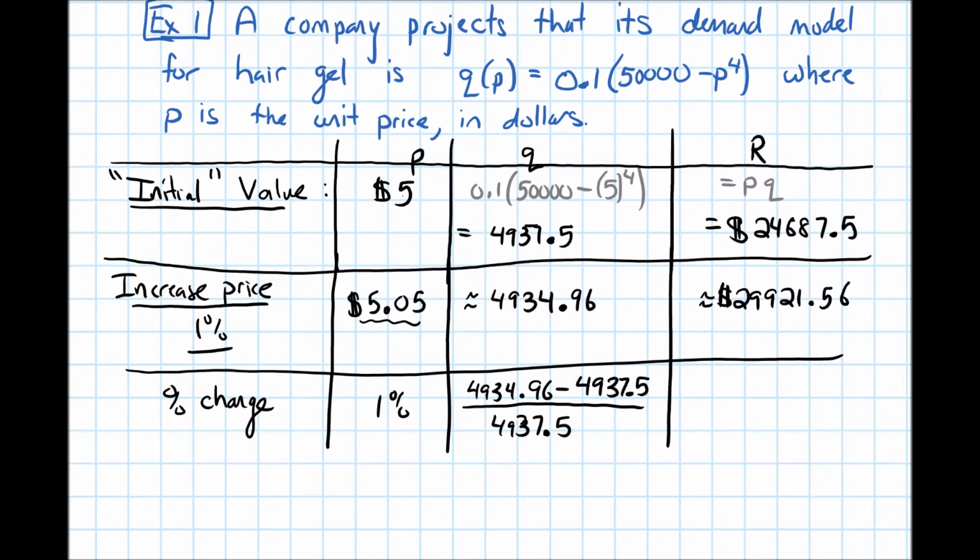And if we work this out with the calculator and we convert it to a percentage, it ends up being approximately negative 0.05% if I round it to 2 decimal places. Okay, so that's a pretty small amount. So even though the price went up by 1%, the demand dropped by very little, just negative 0.05%.